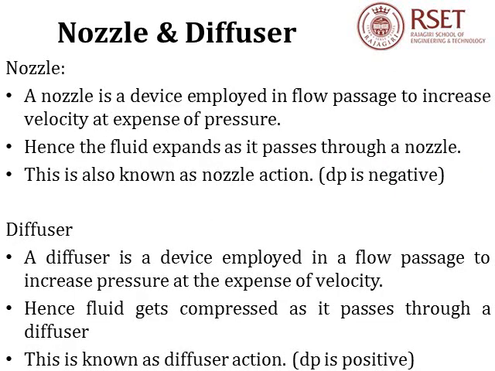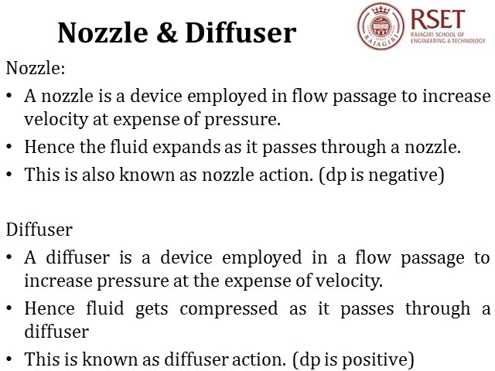Now let's see what a nozzle and a diffuser are. A nozzle is a device employed in a flow passage to gain velocity at the expense of pressure. That is, a nozzle reduces the pressure energy, which is involved in the term of enthalpy, and increases the kinetic energy of the fluid.